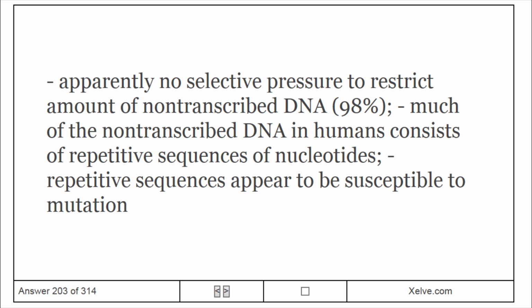Repetitive sequences in eukaryotes. Apparently there is no selective pressure to restrict the amount of non-transcribed DNA. Much of the non-transcribed DNA in humans consists of repetitive sequences of nucleotides. Repetitive sequences appear to be susceptible to mutation.